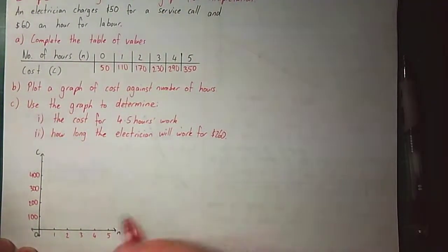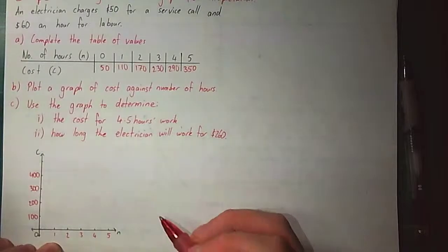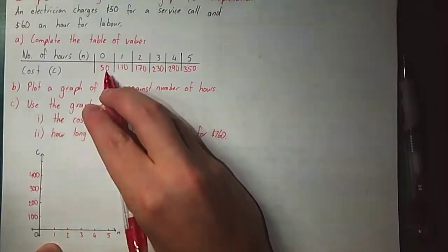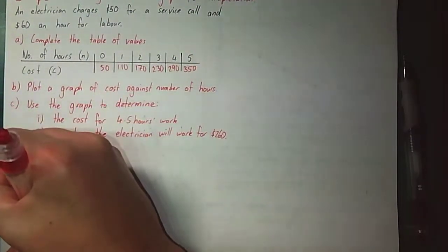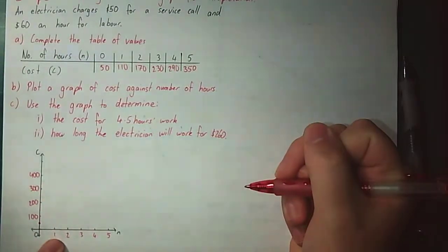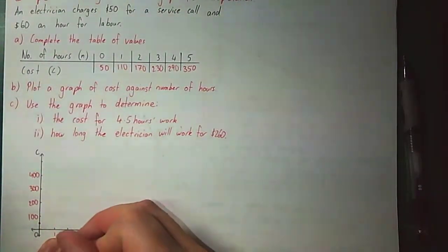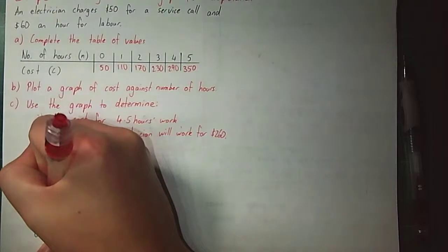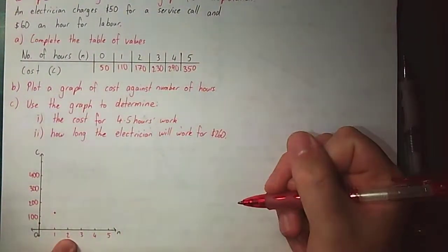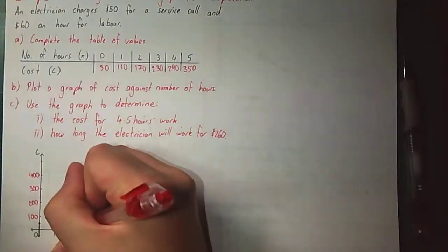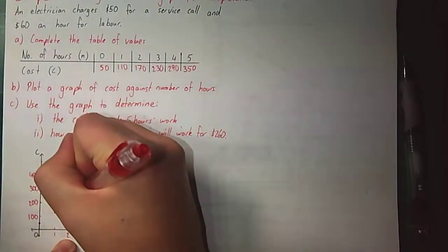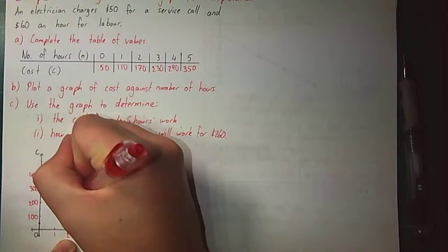And now when we plot this, initially at 0, we'll have 50. And then at 1 hour we have 110, so that's just a bit over 100. And then 2 hours we have 170, so that's going to be just below 200.